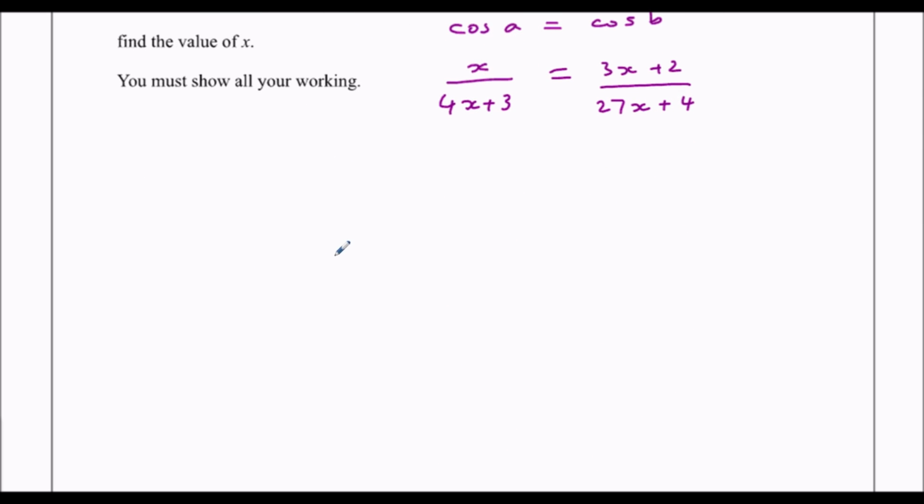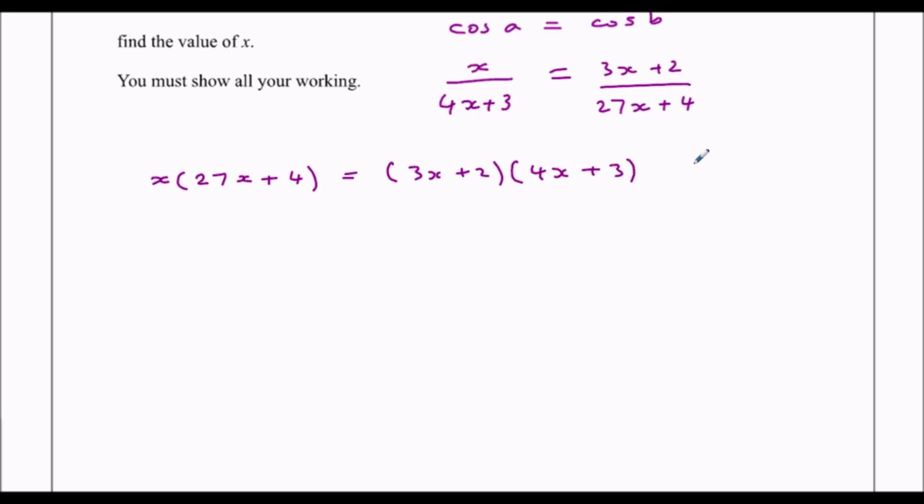So now we've got an algebraic fraction question to solve. So let's get rid of the fractions first. If we multiply both sides by 4x plus 3 and multiply both sides by 27x plus 4, we will get x times 27x plus 4 is equal to 3x plus 2 times 4x plus 3.